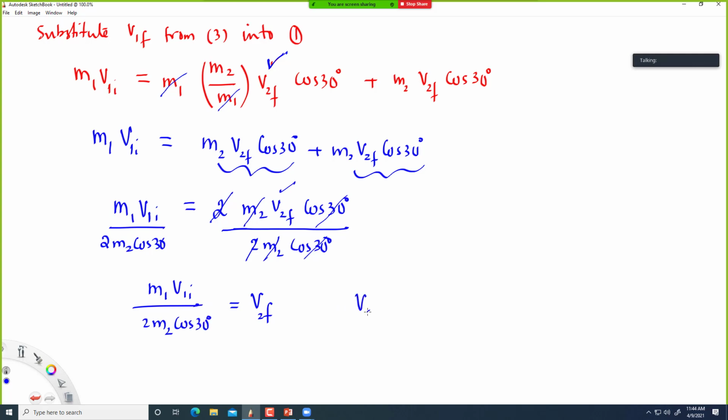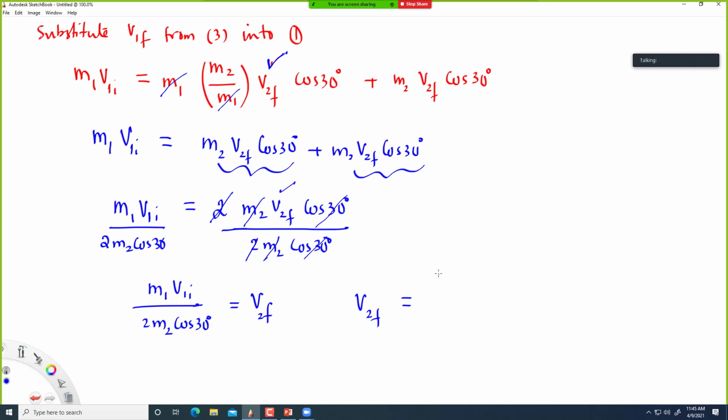So plug in the numbers now. Everything is known. Mass 1 is what? 5 kilogram, yes.